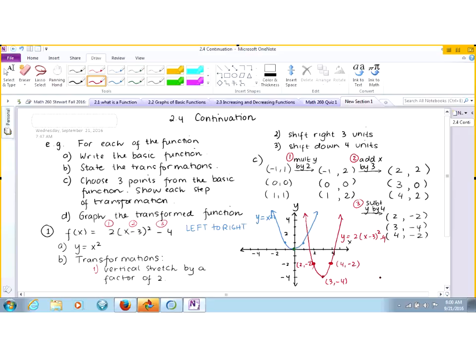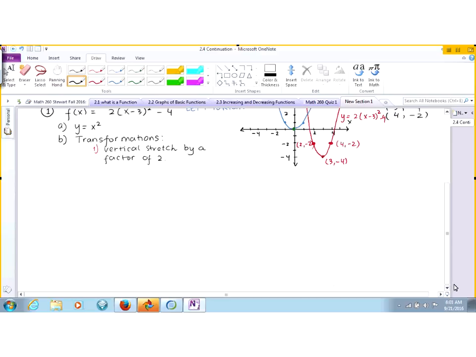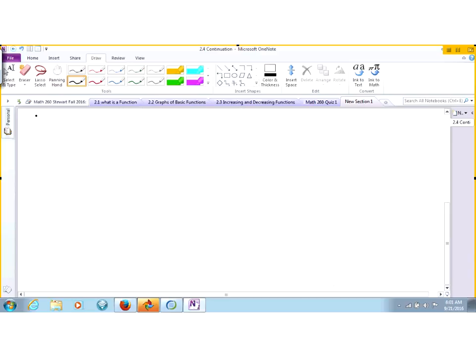Okay. Let's see. What function should we use? What about square root? Yeah, let's use square root. Do another one. Use square root. So, number 2.